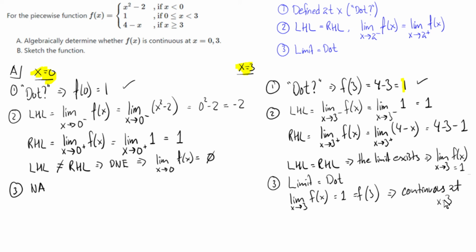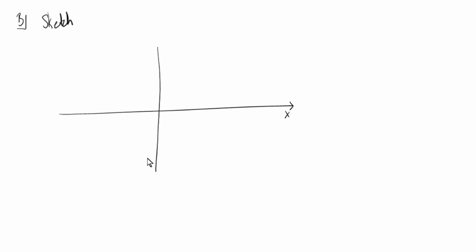Now in question B, they're asking us to sketch this function, so I'm going to just do that on a separate sheet here. So in B, we're going to sketch. So we have our x-axis here, and we have our y-axis here, which is f of x.